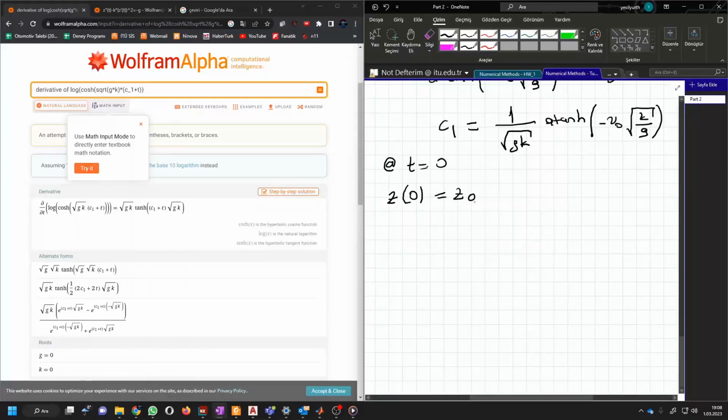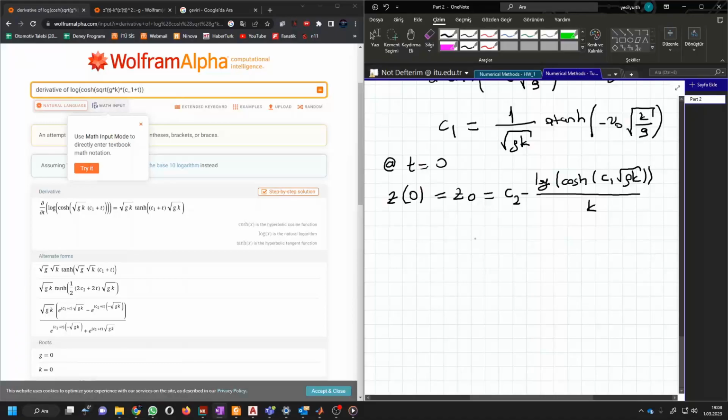And that must be equal to c2 minus logarithm of cosine hyperbolic c1 times square root of g times k, over k.